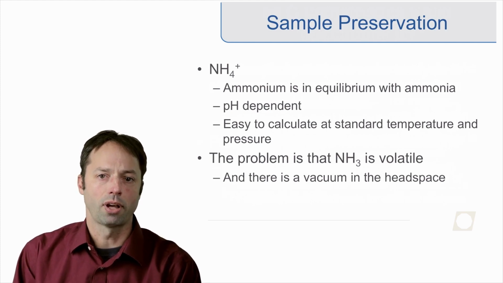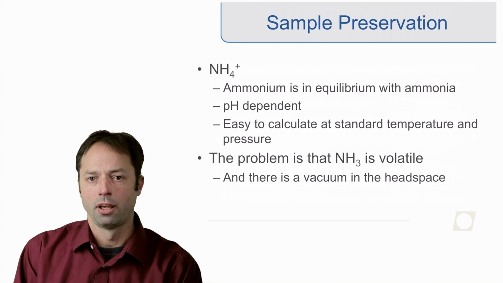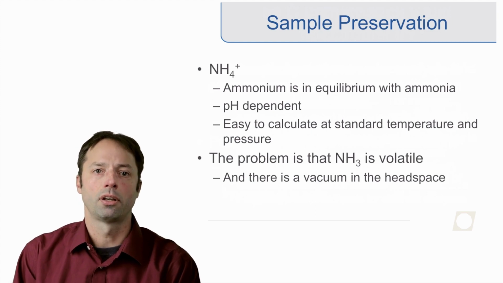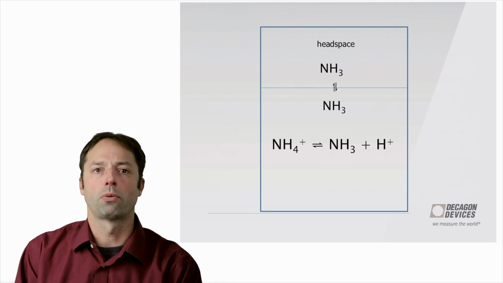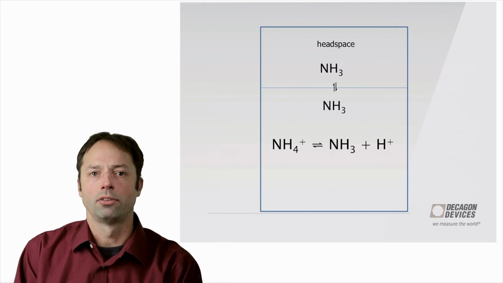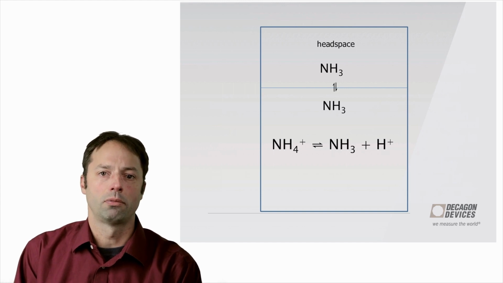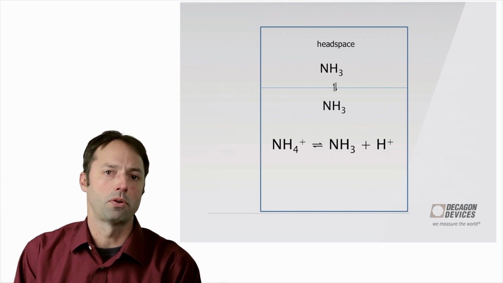But you've got a sample bottle with a vacuum on, and your substrate of interest is actually in equilibrium with the headspace. And this is what we're talking about. At low pH, most of this is going to be in the form of ammonium.